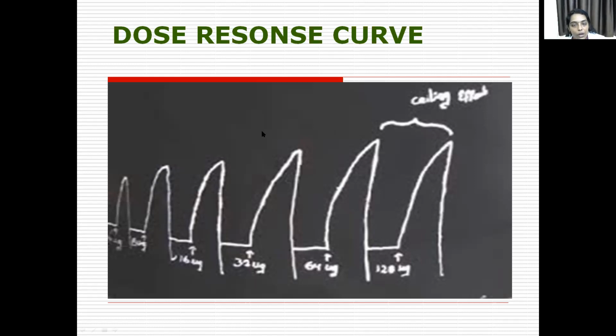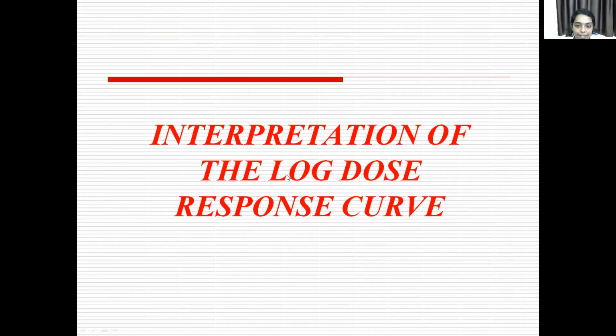How do you get a log dose response curve? You take an x-axis and a y-axis. How do you interpret a log dose response curve, and what are its advantages over a normal dose response curve?